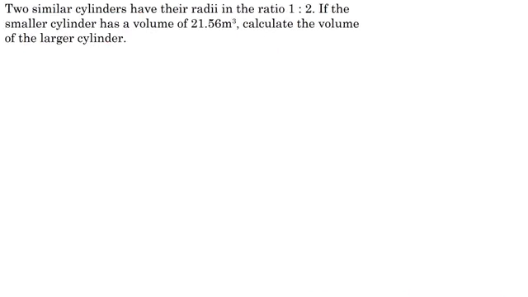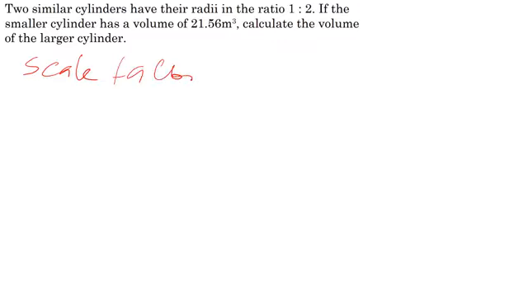Then let's look at this problem. In this one, they're saying we have two similar cylinders whose radii are in the ratio 1 to 2. In this case, this is a length, it's just a scale factor.